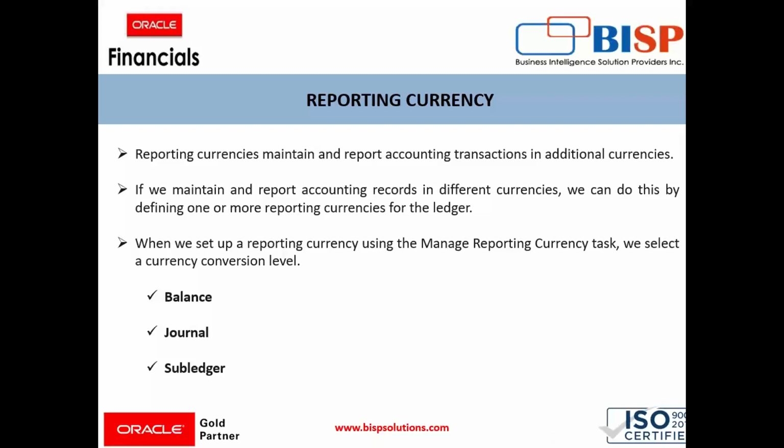Under the journal level, when we post journals, the posting process copies the journals to reporting currencies for the sources and categories that we specify in the general conversion rules section on the create or edit reporting currency page. At the subledger level, when we run the create accounting process in the primary ledger, the process creates the subledger journals for the primary ledger and the reporting currency both.